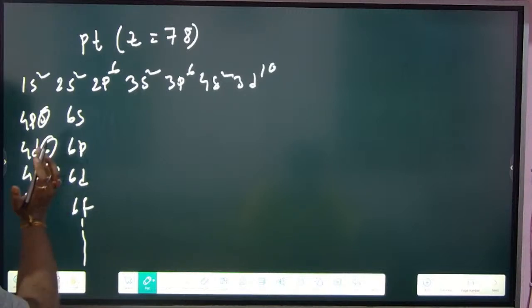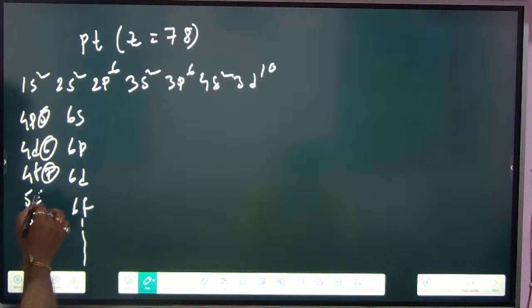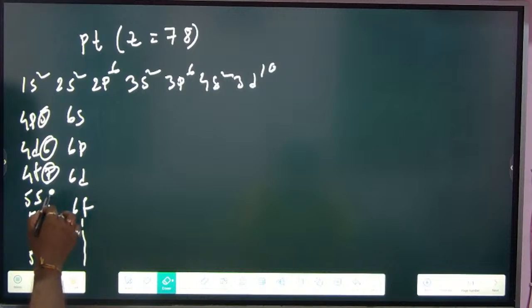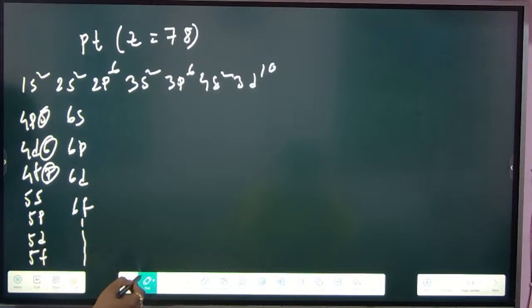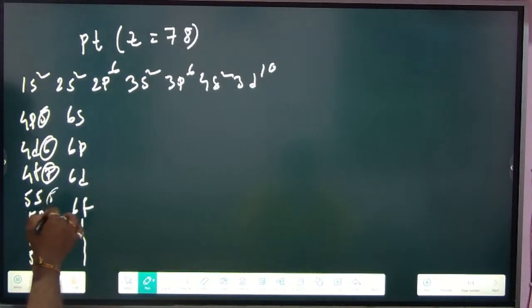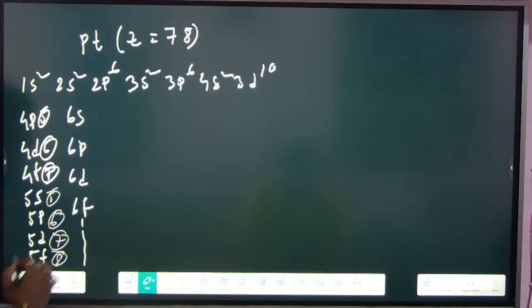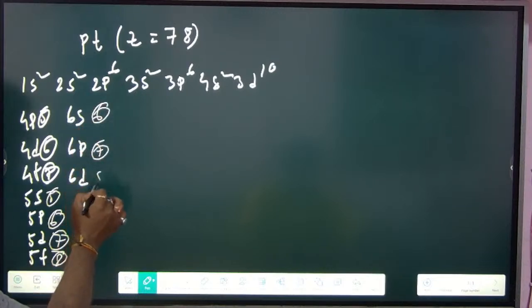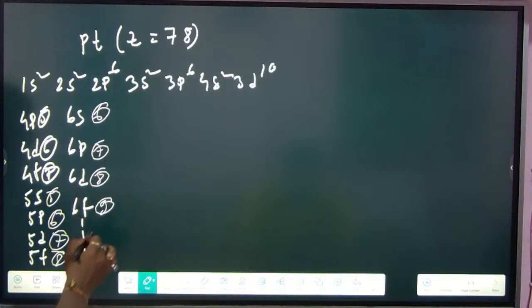What is this? 5s means 5 plus 0, this is 5, this is 6, this is 7, this is 8, again this is 6, 7, then 8, 9. Okay. Now compare these.